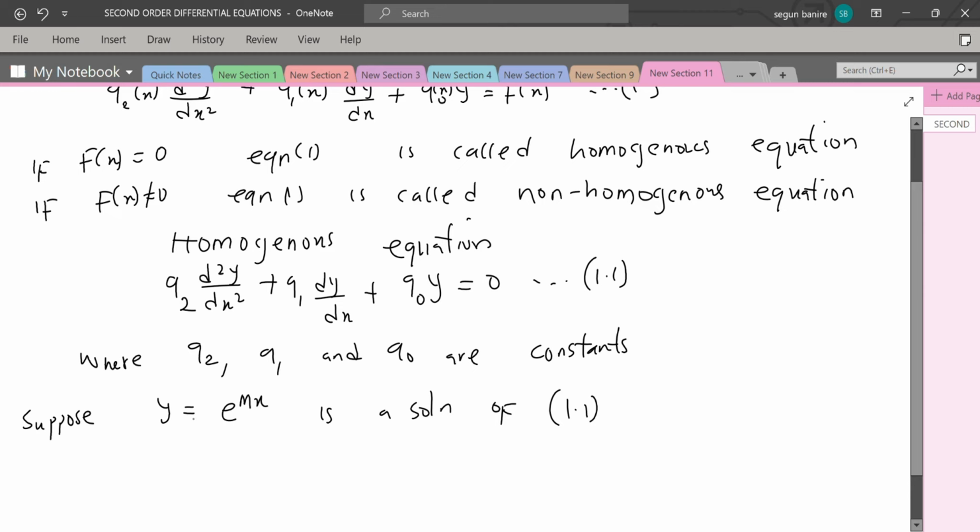If it is a solution, then if we substitute it into this equation, we should get 0.